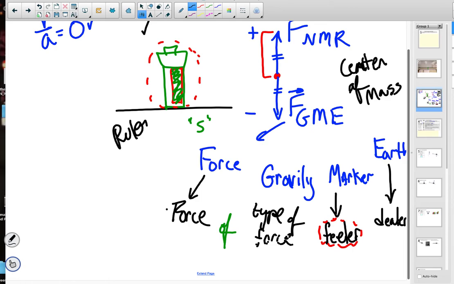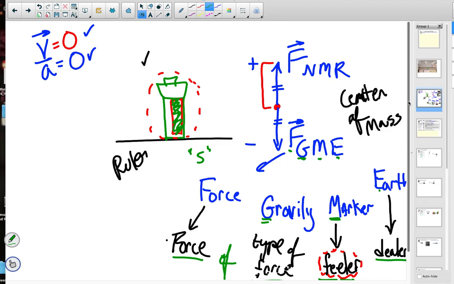So in this 4-letter naming system, force of gravity on the marker by the Earth, the first letter is always F for force. The second letter is the kind of force or type of force it is. In this case, it's gravity. The third thing is the feeler or the victim of the force. In this case, it's the marker that's being acted upon. The fourth symbol is the Earth, and it's what's pulling on them. So force of gravity on the marker by the Earth.